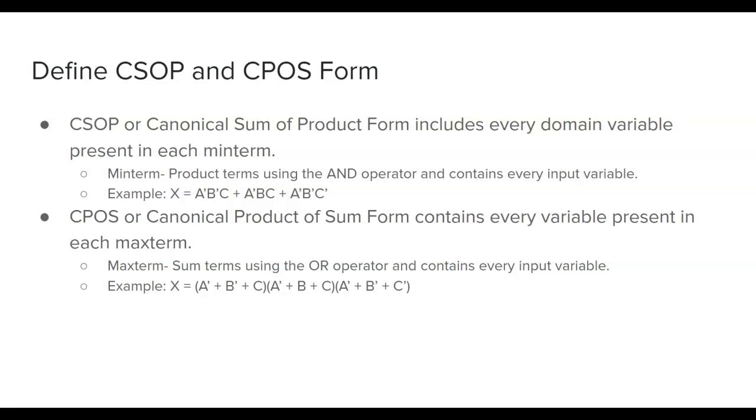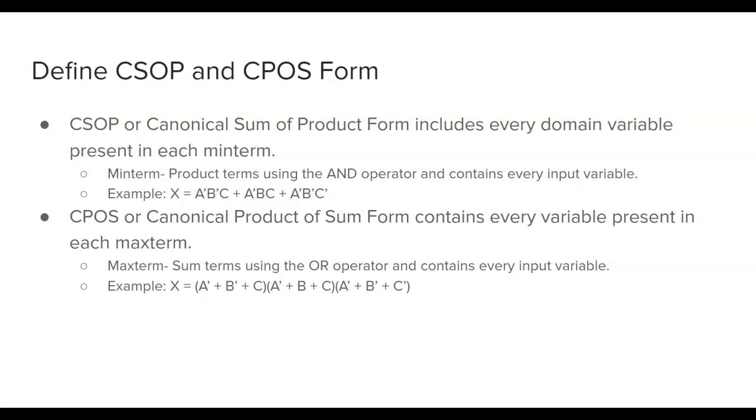So you could see right here, not A, not B, and C is ANDed together, and between that is an OR operator, and then you could see not A, B, and C ANDed together again, and the OR symbol, as well as not A, not B, and not C. So it creates a much more concise equation. It's also just a little bit easier to read straight from the truth table because it's not simplified quite yet, and we'll get into that in the next slide.